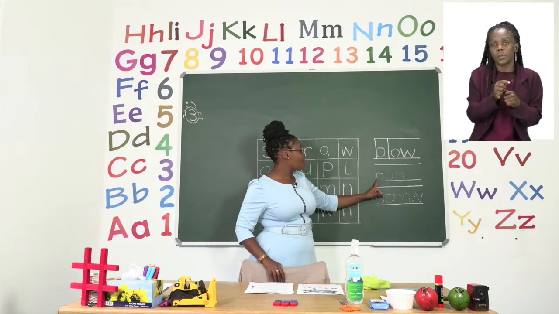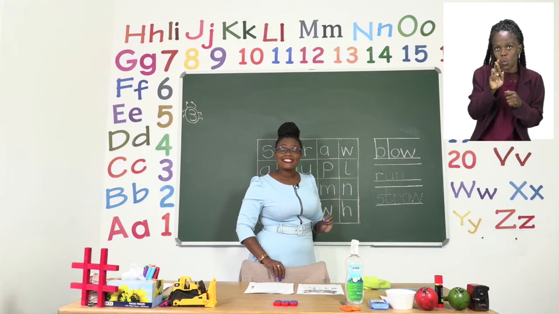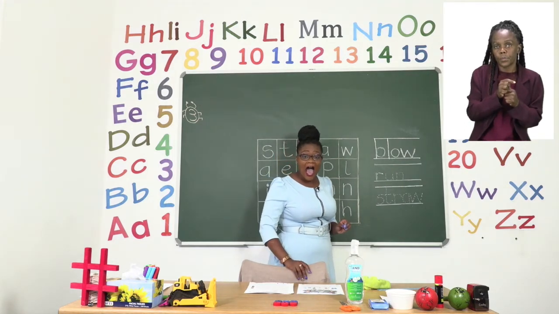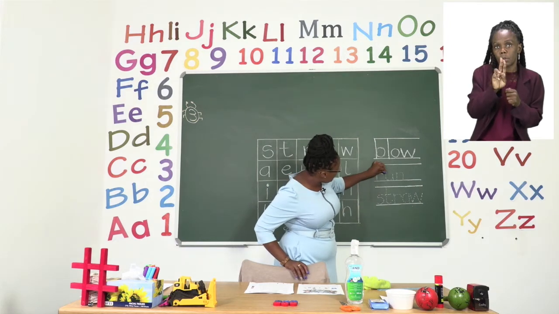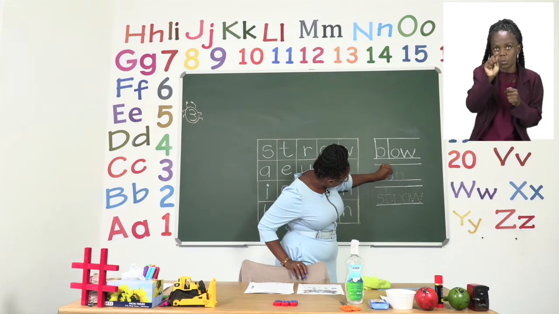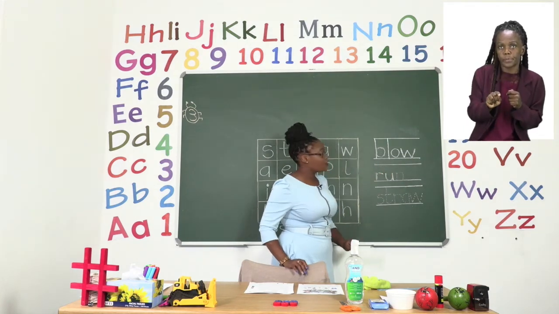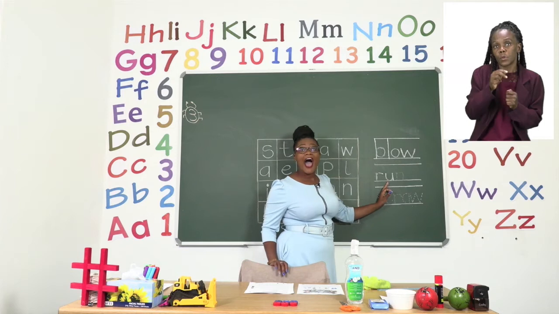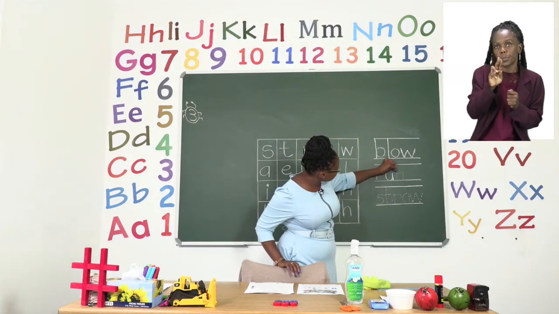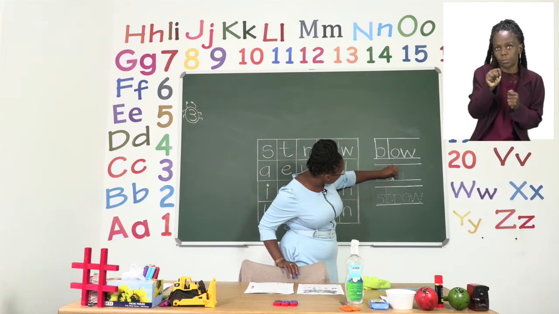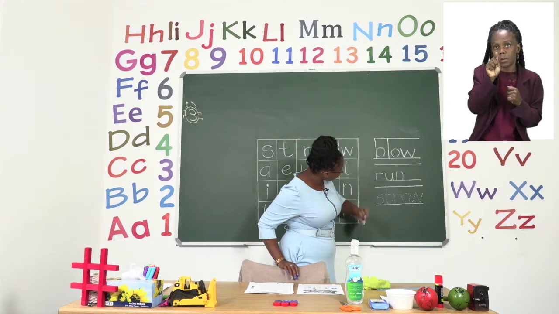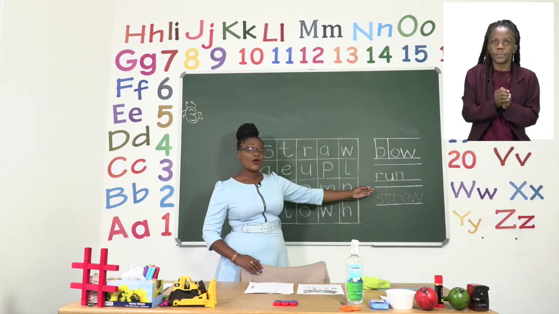That is the R. The next letter when we are spelling the word run is A. So we go under, up, and down. That is the letter A. And then the last one is N. We go down, up, and round. Now we have spelled the word run.